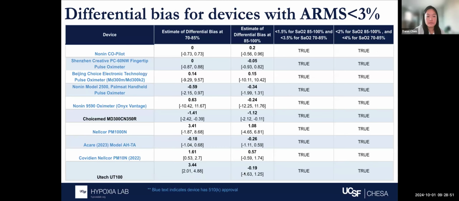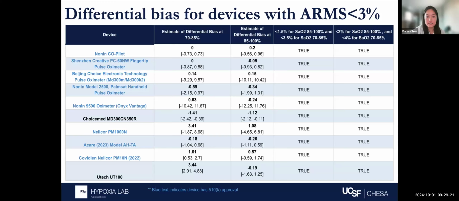This table summarizes the devices' differential bias at the two specified SaO2 ranges. This table looks at the 10 devices that passed the ARMS less than 3% check, and the ones in blue again indicate 510K approval. The second and third columns show estimates of differential bias in the two SaO2 ranges. And the last two columns indicate the FDA and ISO thresholds.